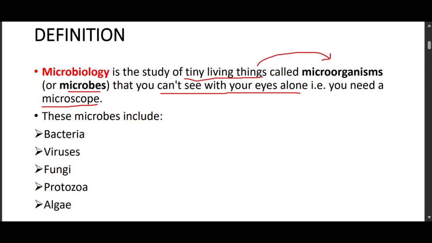Then we also have protozoa, which are animal-like microbes that live in water or in moist environments. Then we also have algae, as an example of the microbes that microbiology tends to study.